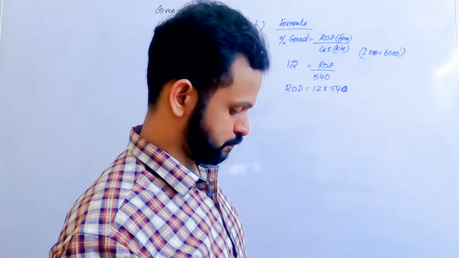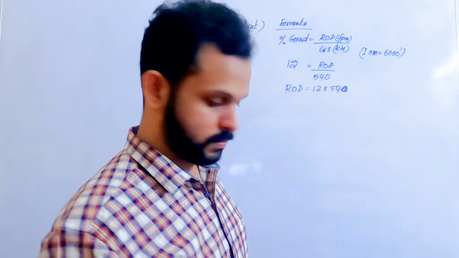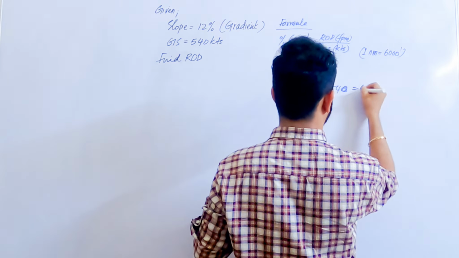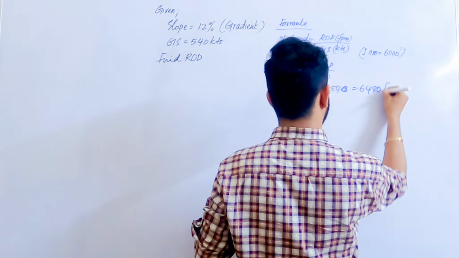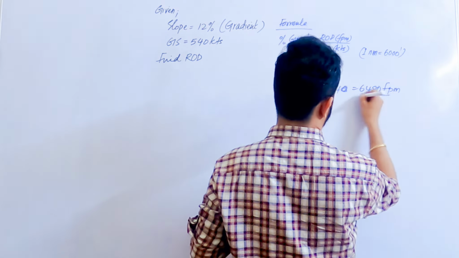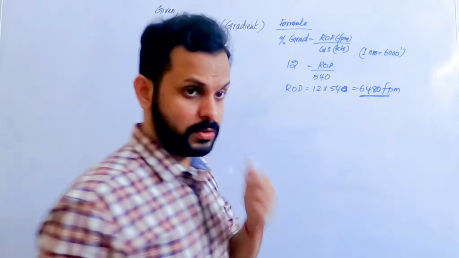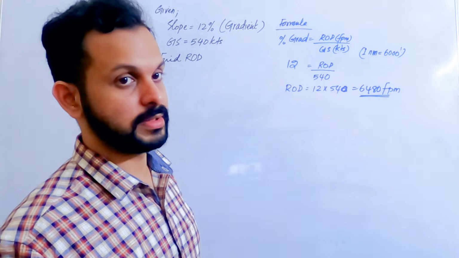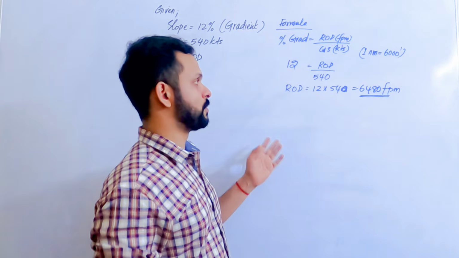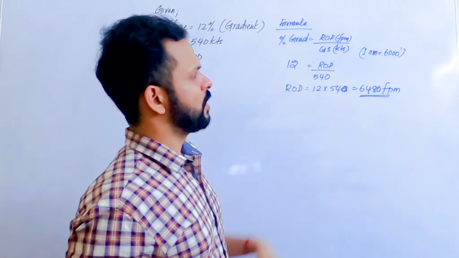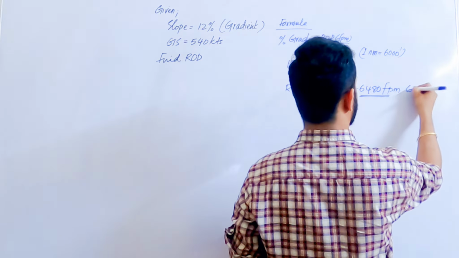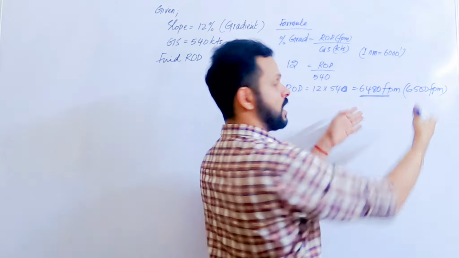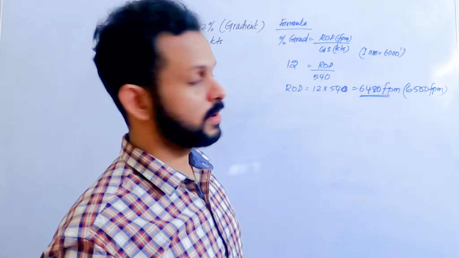That's a huge ROD. It depends upon the type of aircraft. Fighter jets and different aircraft have different capabilities, so not for commercial aircraft. You can probably round this off to 6500 feet per minute. Look at the options and round, because you have done an approximation already.